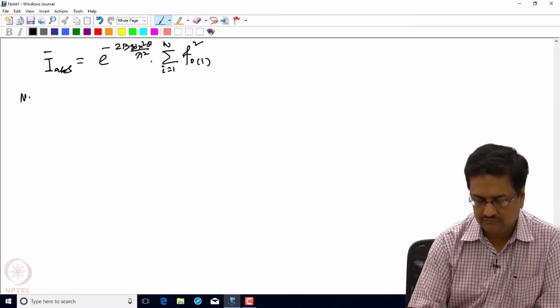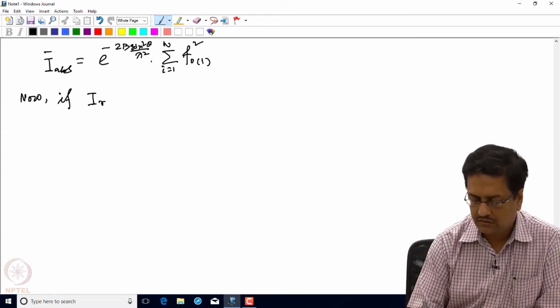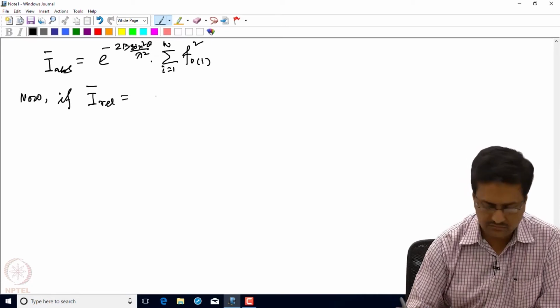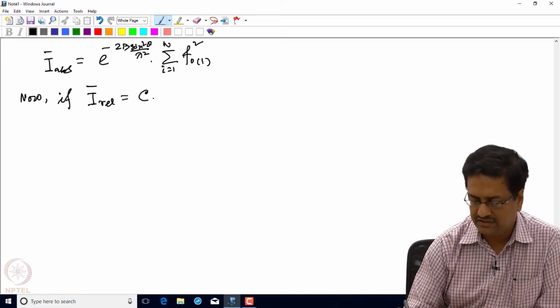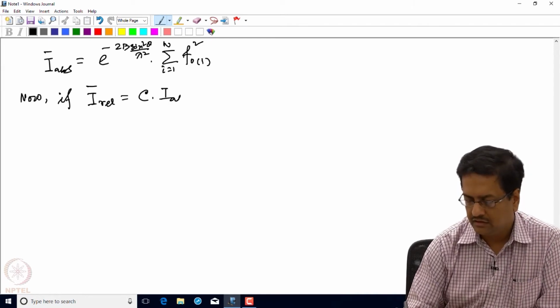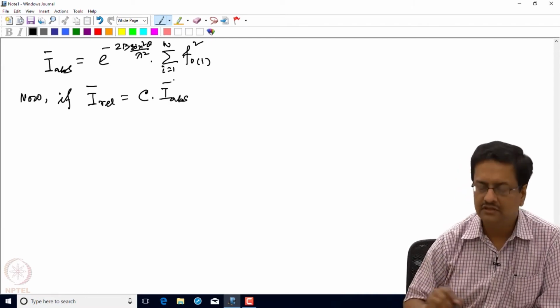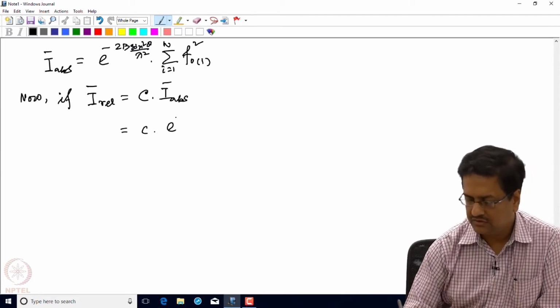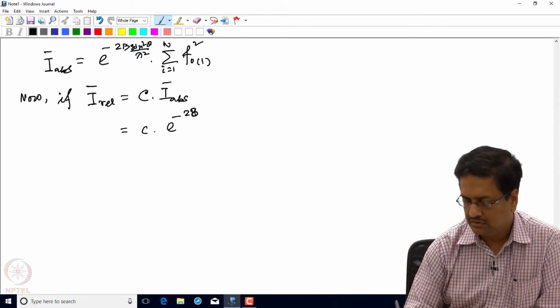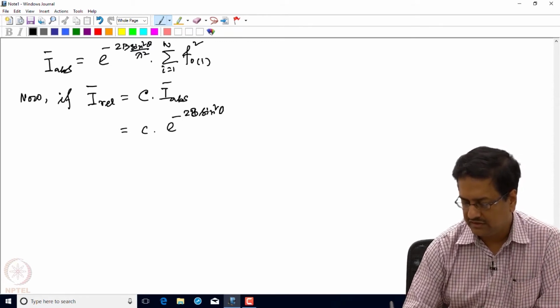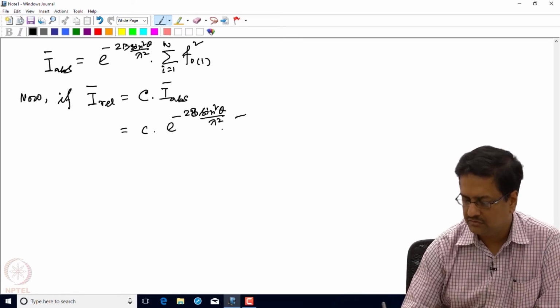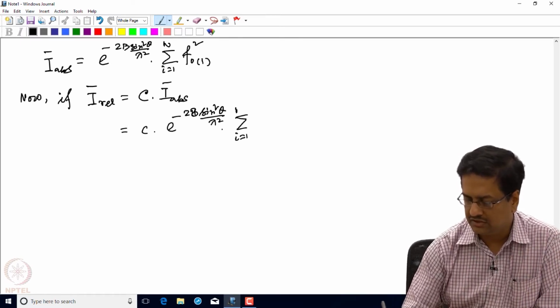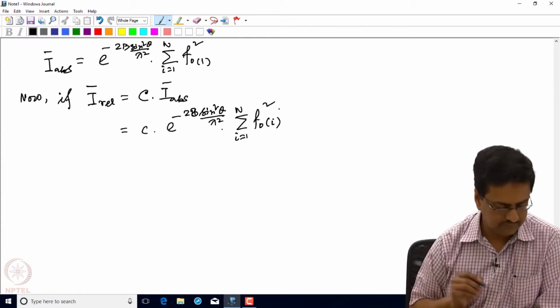So now, if I relative is equal to the scale factor C multiplied by I abs average, then we can write it as C into e to the power minus 2b sine square theta by lambda square into sum over i equal to 1 to n f0i square.